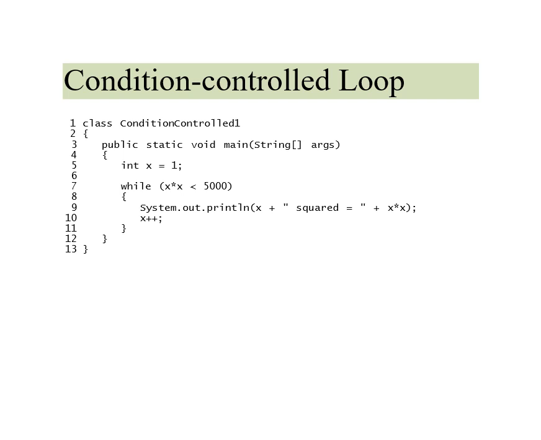And the second plus sign has the string "squared equals" on the left, so that plus sign is concatenation as well. So you'll get 1 squared equals 1, 2 squared equals 4, 3 squared equals 9, all the way up to the highest square that is less than 5,000.